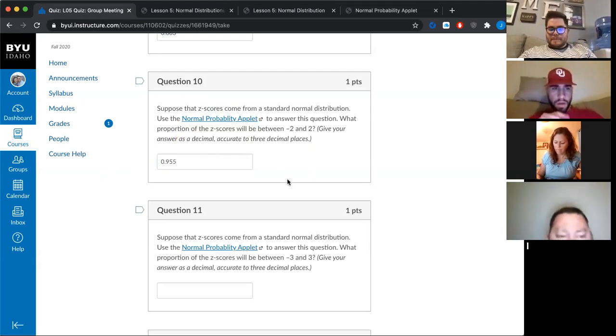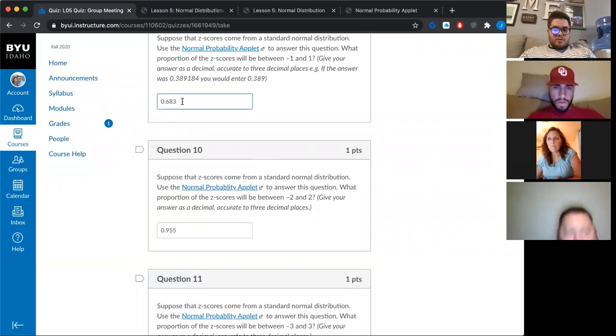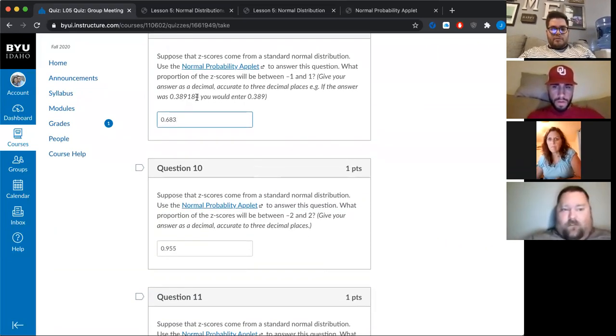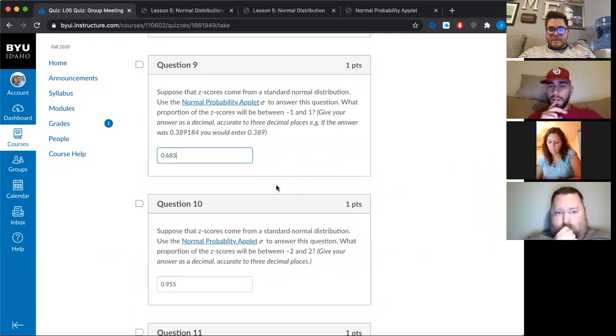So are we supposed to round, or are we supposed to just do the 3 decimal places? Because it says accurate. Okay, maybe we're not supposed to round. The example that they gave in question 9 is not helpful, because it says if it was 0.389184, it'd be 0.389, if I was rounding to 3.